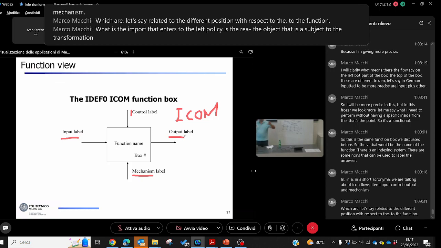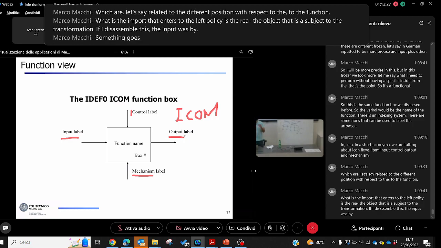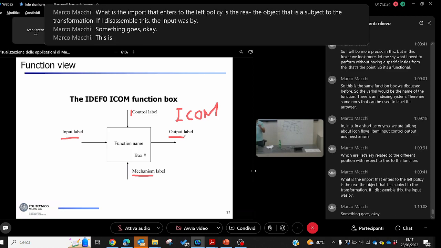If I disassemble this, the input was my pen, or something else. This disassembly is the function I'm doing.